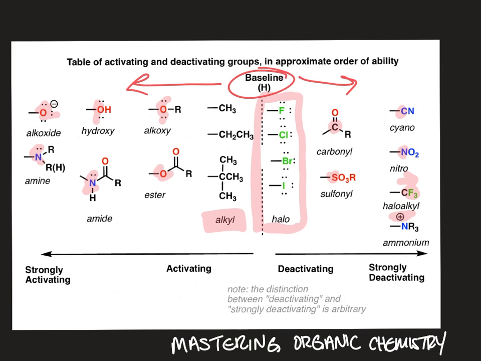So the halogens with resonance are electron donating because they have the lone pair. However, due to the electronegativity being the stronger factor, they are actually deactivating. So there's a little bit of fuzzy line there, right, between what's activating and what's deactivating. Understand the general concept. You can always reference tables like this if you need to, but make sure you can draw those resonance structures to explain why something is either activating or deactivating.